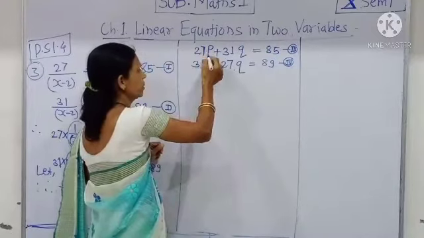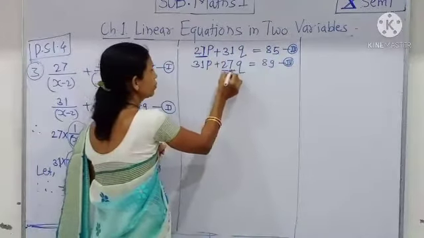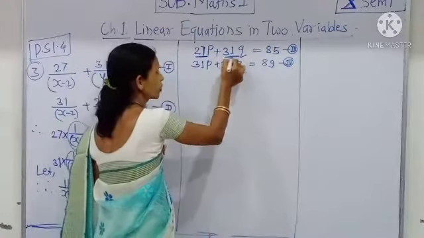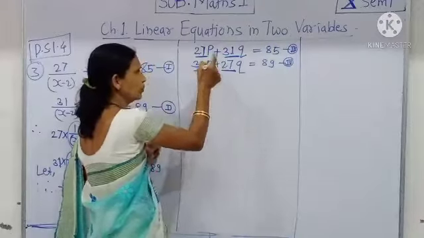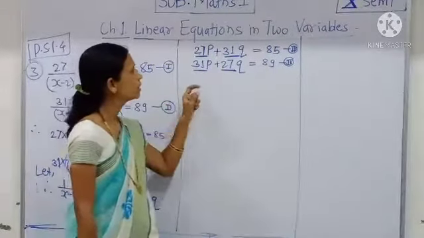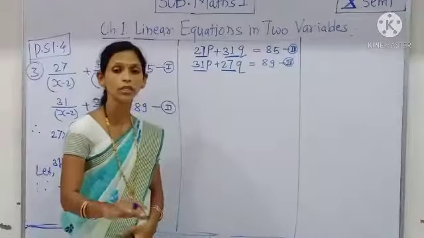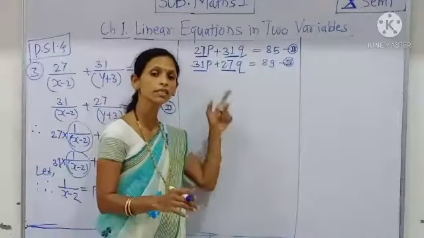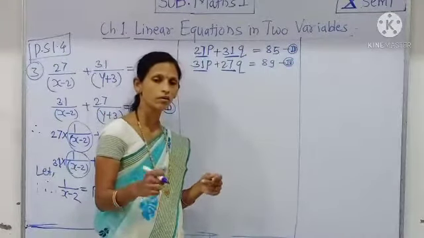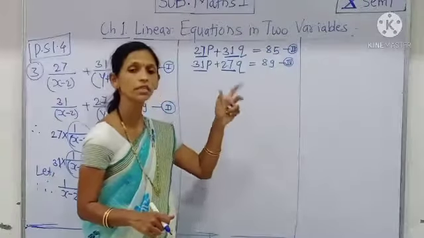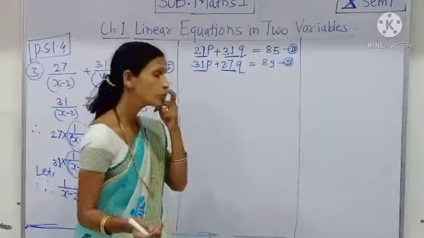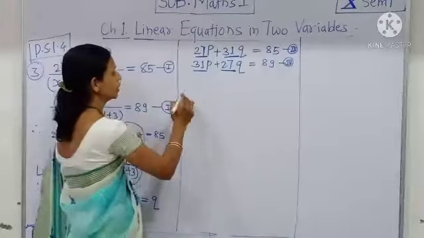See here, the coefficient of p here and the coefficient of q there are the same, and here the coefficient of q and the coefficient of p are the same. This type of equations can be solved by adding these equations and subtracting these equations. We get the answer of p and q.